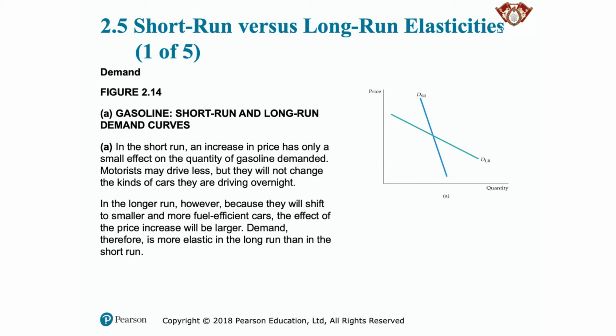Now we go to section 5, short-run versus long-run elasticity. In the short run, elasticity is different from long-run elasticity. The usual example is demand for gasoline, short run and long run. The demand curve in the short run is like this.